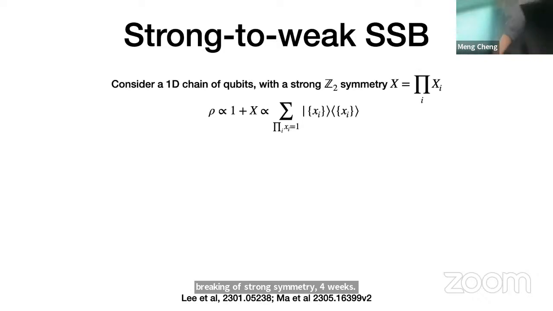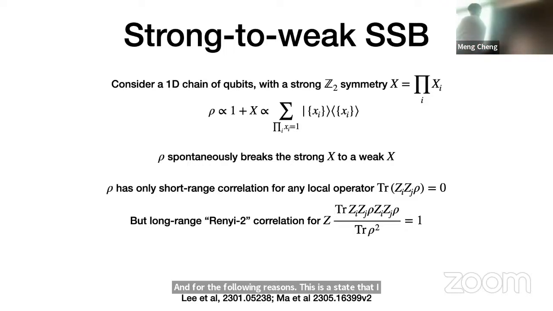Okay, so just by analogy, we will call this 1 plus X density matrix a spontaneous breaking of strong symmetry to a weak symmetry, for the following reasons. This is the state that I showed earlier.